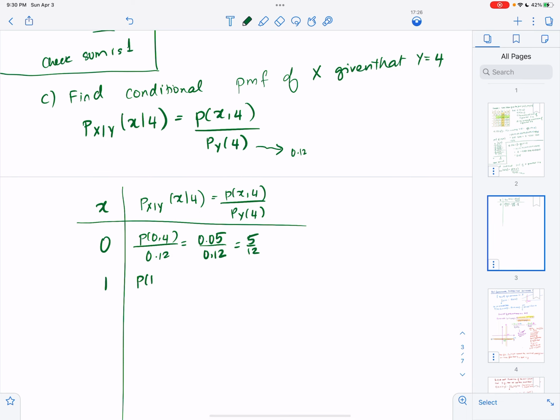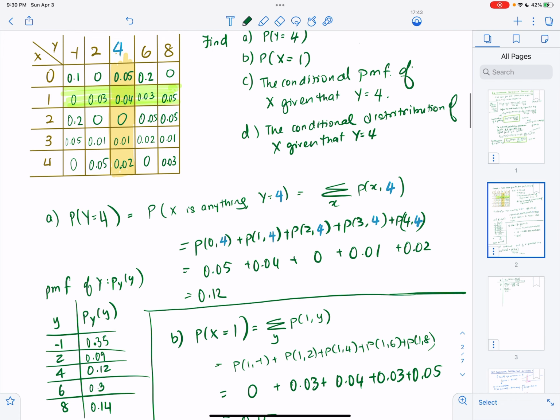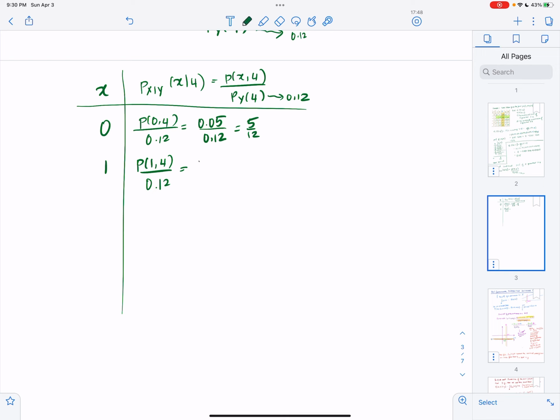This is P of 1, 4 over 0.12. Okay, what is 1, 4? That's the next entry in there, and that is 0.04. I mean, if you want, you can write it as 1/3, but by your work in the past with discrete random variables, you know it's oftentimes nice to just leave things with a common denominator.